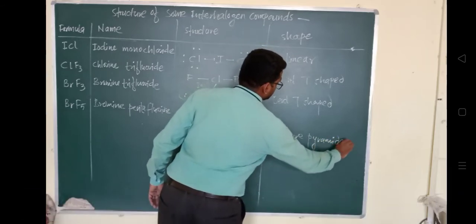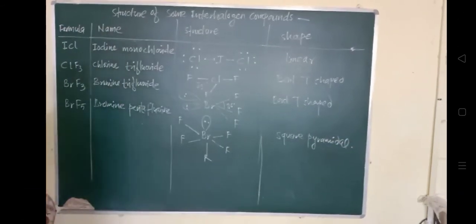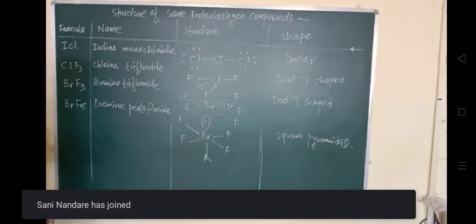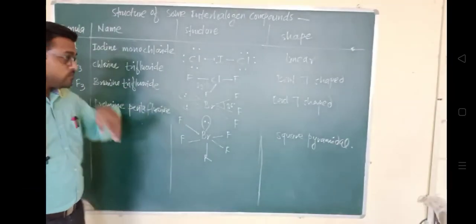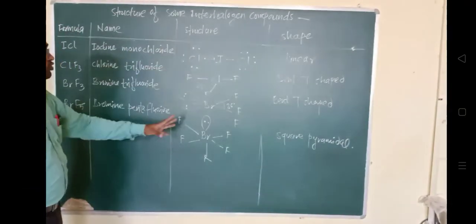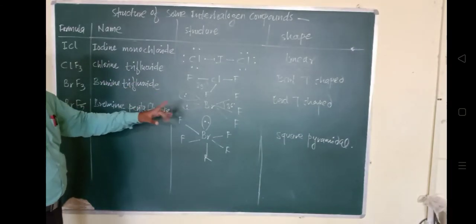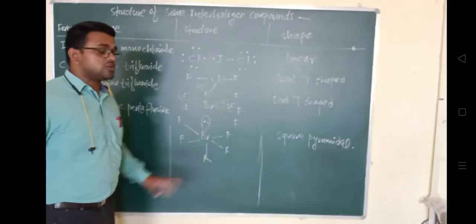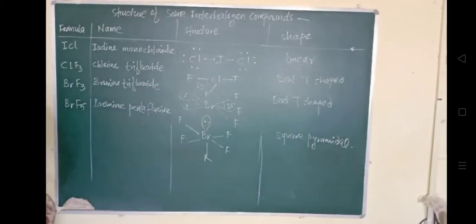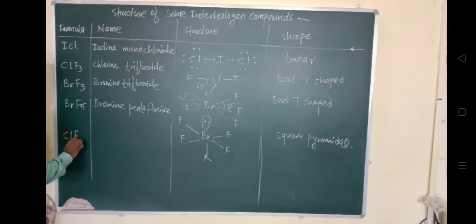The last one is ClF5. What will be the nomenclature of this? Chlorine pentafluoride. It has the same structure as this, with one lone pair and five fluorine atoms.